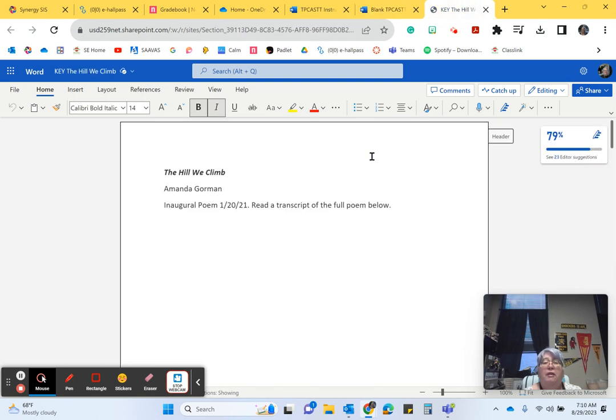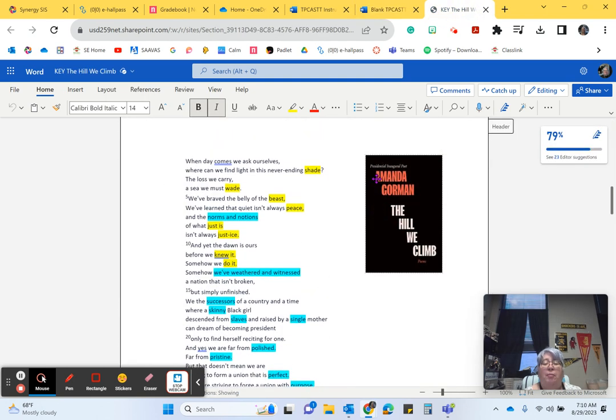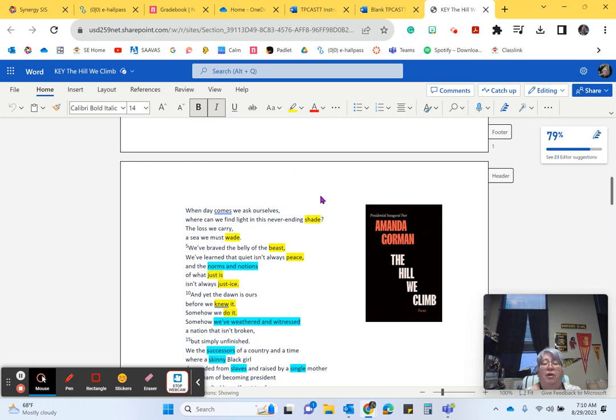The Hill We Climb was actually the inaugural poem by Amanda Gorman for Joe Biden's inauguration. So you've probably heard it before. And it's talking about hope. It's talking about the battle between light and dark, the things we like about being American and the things that aren't so pretty about being American, that kind of thing.